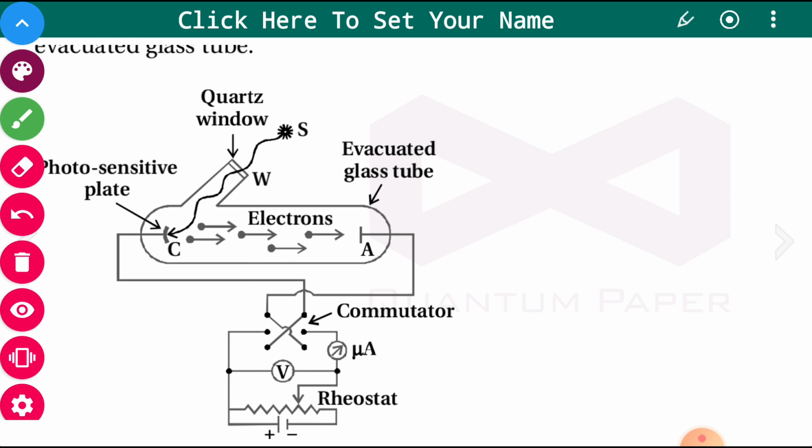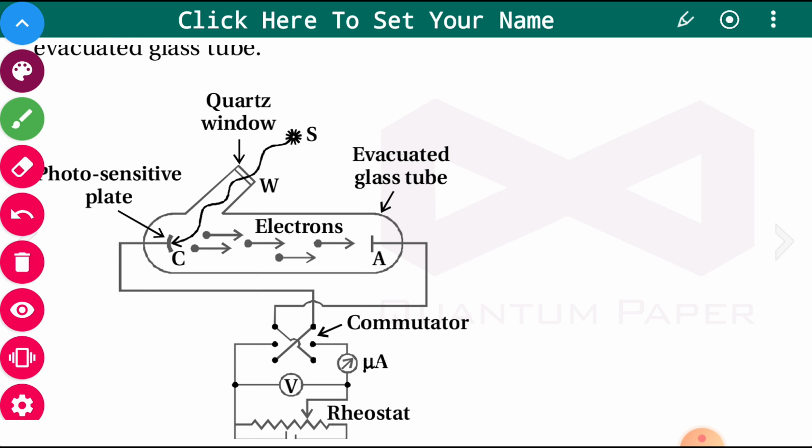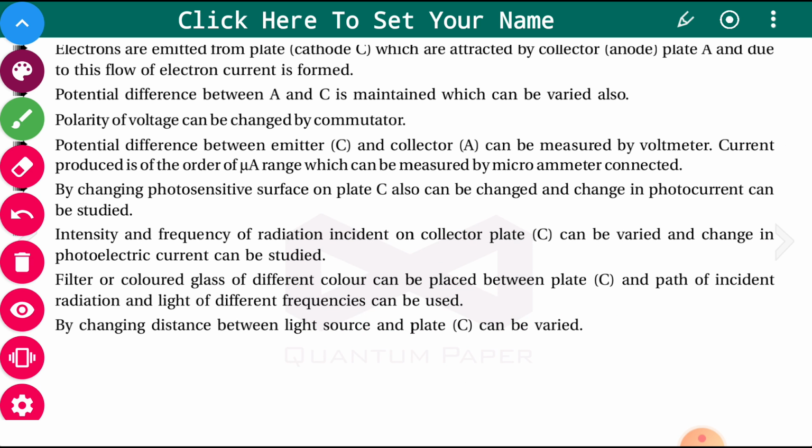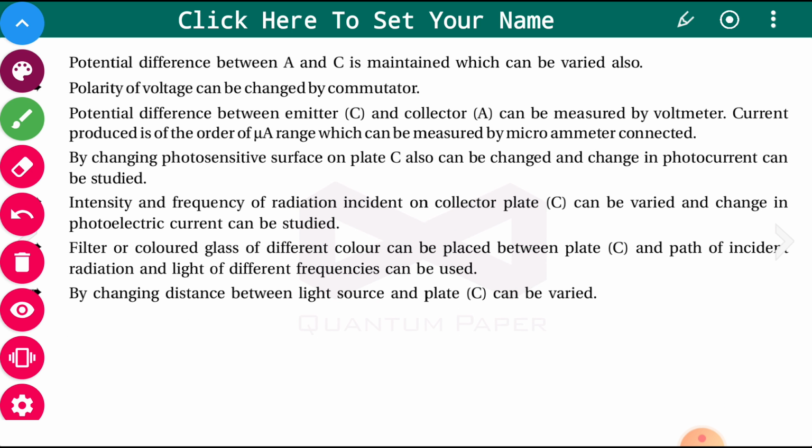Say for example, if you place a red colored glass, then the frequency of the incident light will be that of the red color. So this way you can change the frequency by placing different colored glass between the rays of incident light, or the source, and the photosensitive surface.